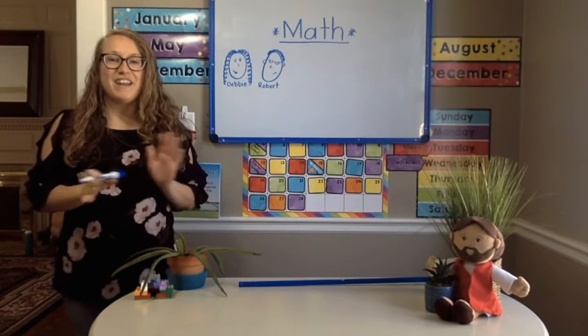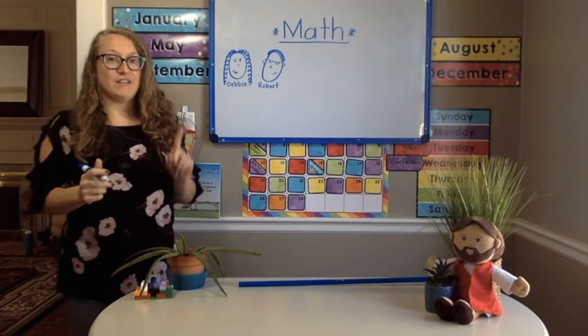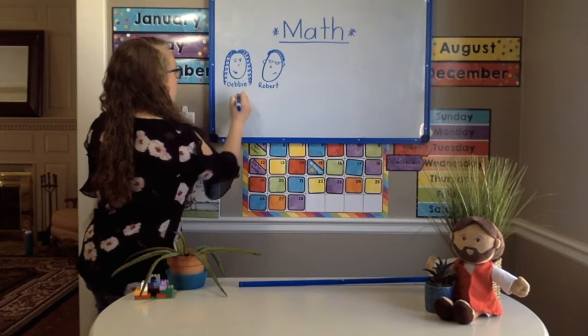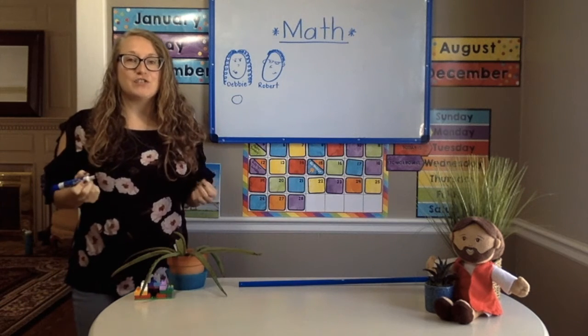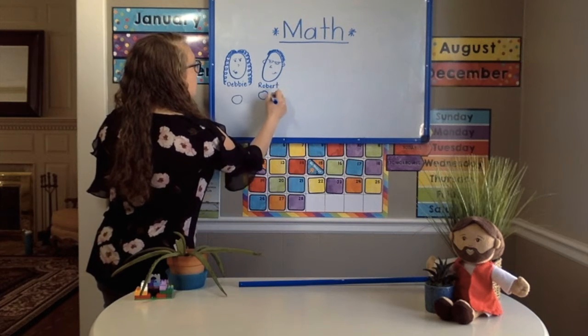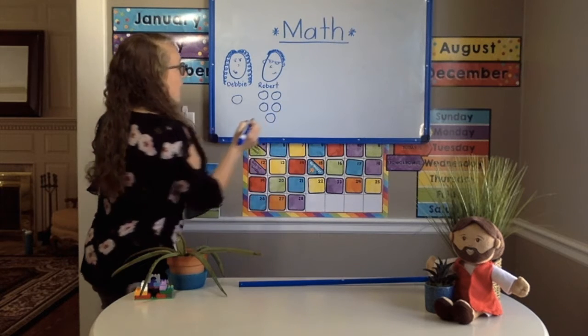All right, kindergarten, here we go. Debbie has 1 cat. So we're going to draw 1 circle for Debbie. Robert has 5 cats. Let's draw 5 circles for Robert. 1, 2, 3, 4, 5.